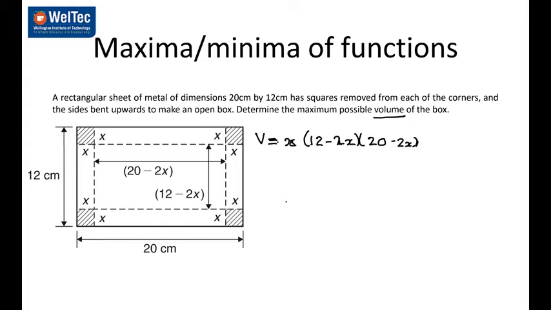Either way, we need to find the derivative, and the derivative is going to be 240 minus 128x plus 12x squared.